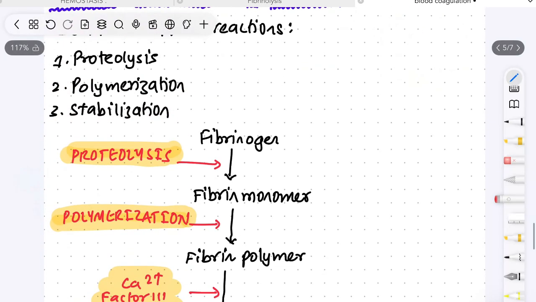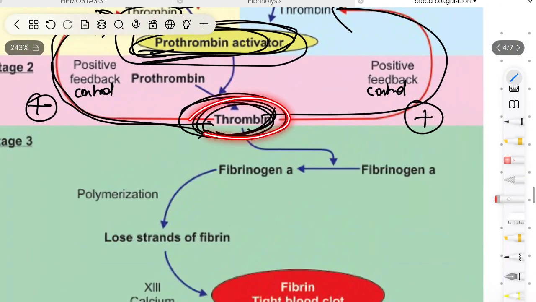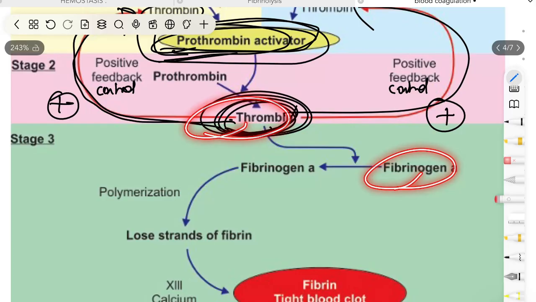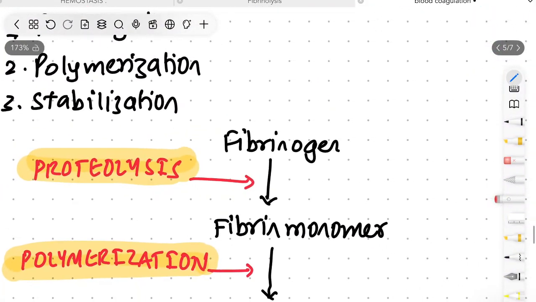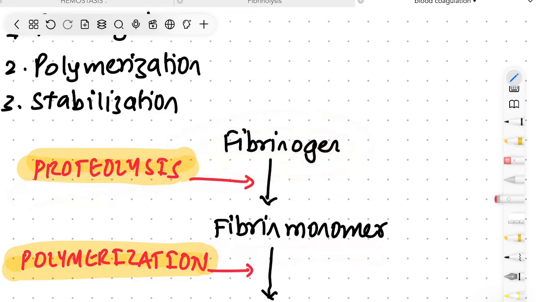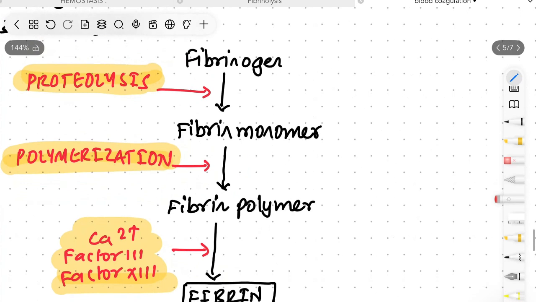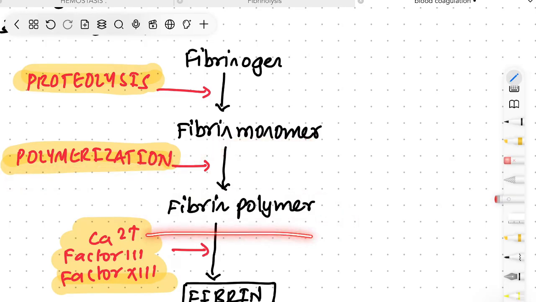Okay, so first, fibrinogen, which is already present in our blood, under the action of thrombin undergoes proteolysis and forms the fibrin monomer. And this fibrin monomer on polymerization forms the fibrin polymer.